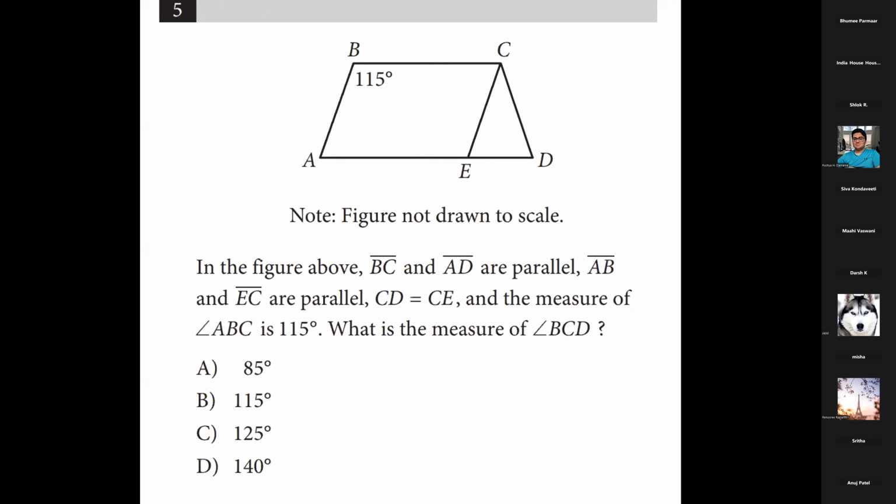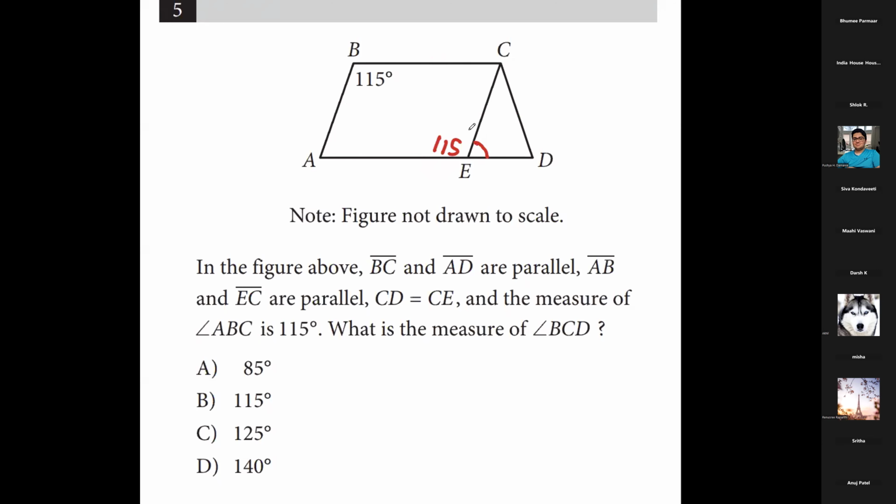Well, if ABC is 115, we know that AEC also has to be 115. And because this is a straight line, the angle is 180.